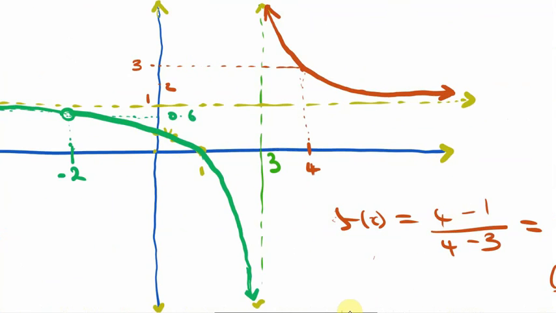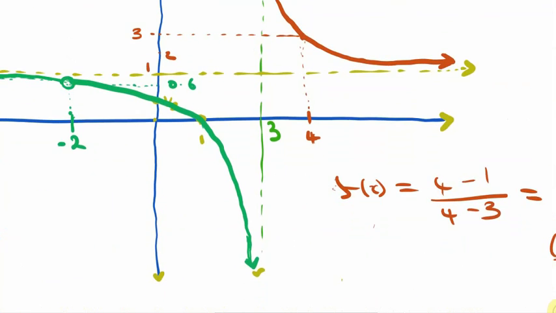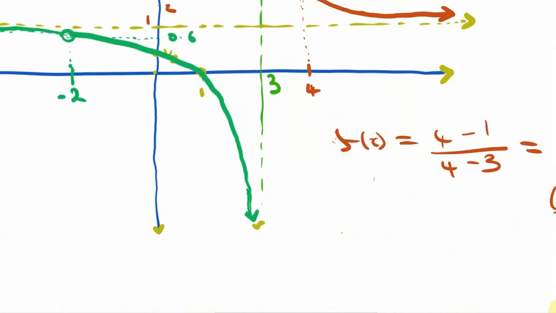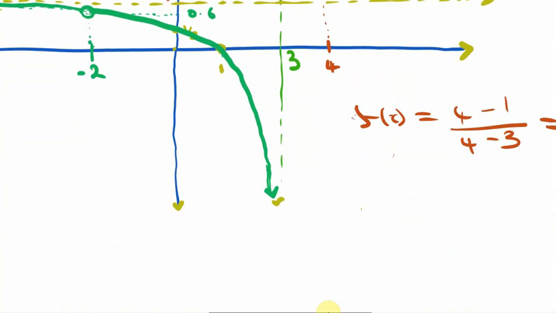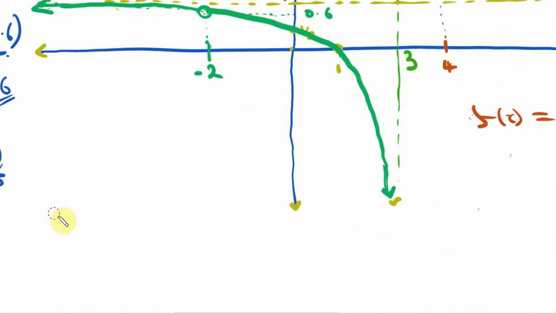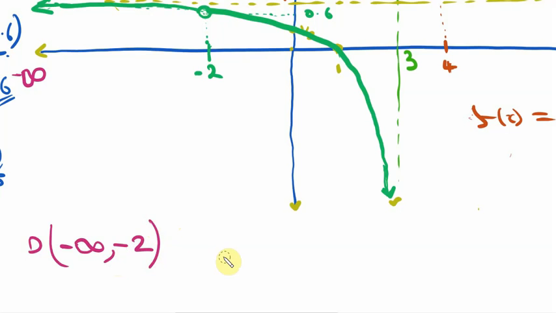Alright, so let's write down our domain. The domain for this graph would be, okay, this is all the way from minus infinity, well, there's a hole at -2 that we need to exclude.